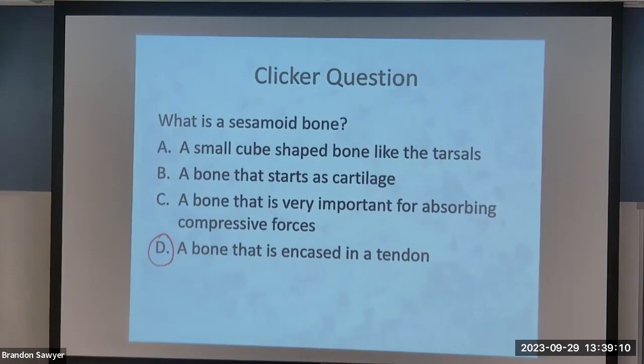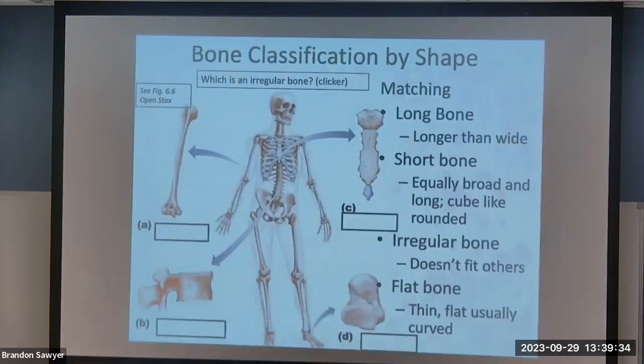You've got a couple underneath your big toe, two right here underneath the head of your first metatarsal. And a couple other places. They're unique bones that are totally encased in tendons. They don't connect via ligaments to other bones like almost all other bones do. So, sesamoid bone. Now let's look at the other primary classifications of bone.